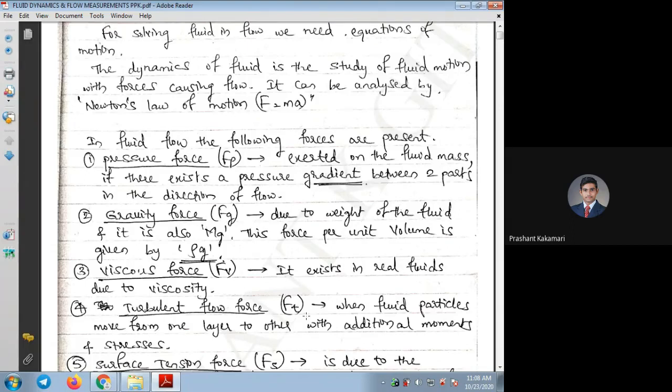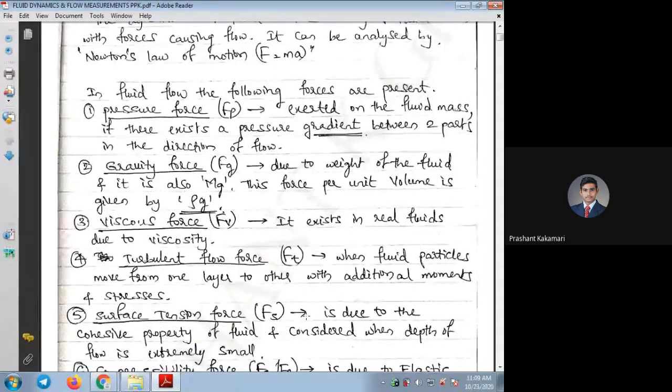Then only a body or a surface can move inside the fluid. Until then, because of this surface tension force or the cohesion forces between the liquids, the surface tension force will be more. Due to that force, the mixing of the fluid is also not possible in some cases. So that force we denote by Fs.